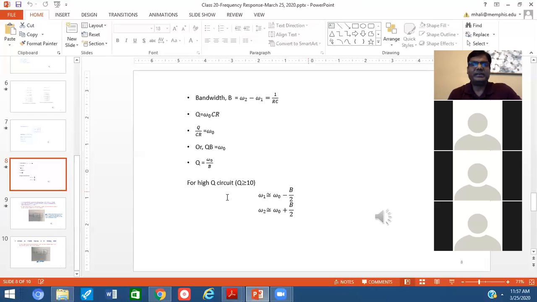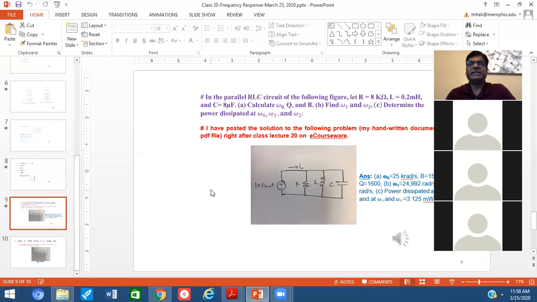Okay, so moving forward, in the next slide, as you can see, I will be discussing two numerical problems, and then we will be done for today. As you can see, I have already posted the solution to the following problem. This means my handwritten document in PDF file right after class lecture 20 on EcoShare.